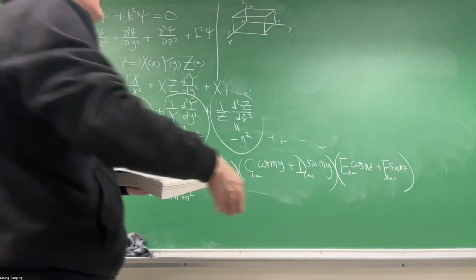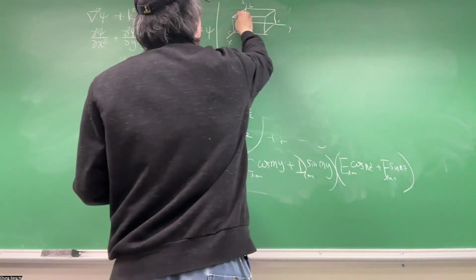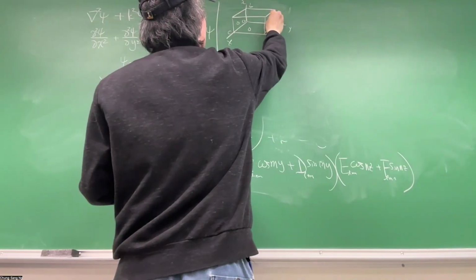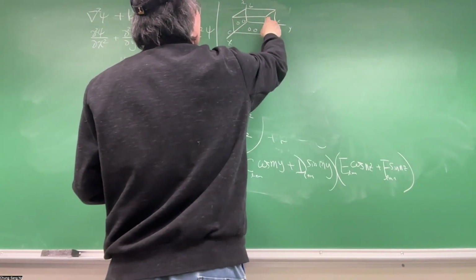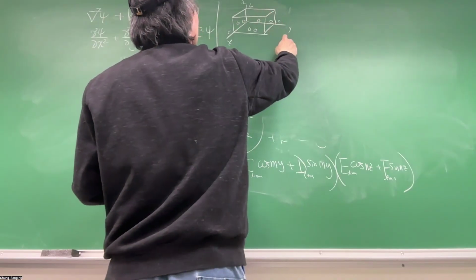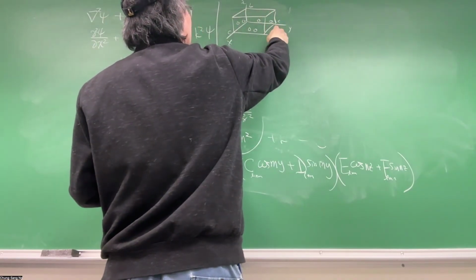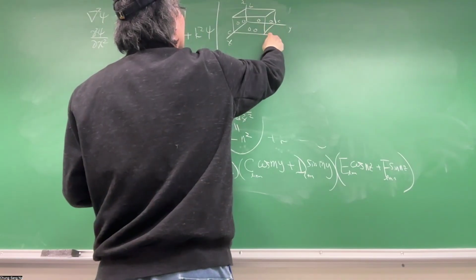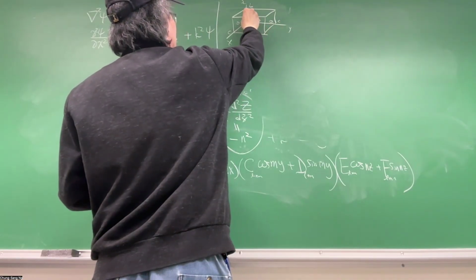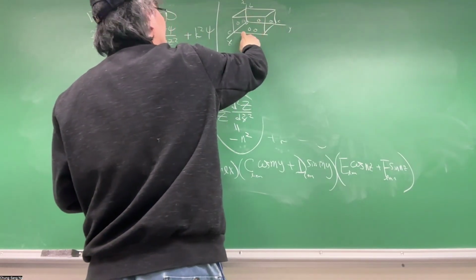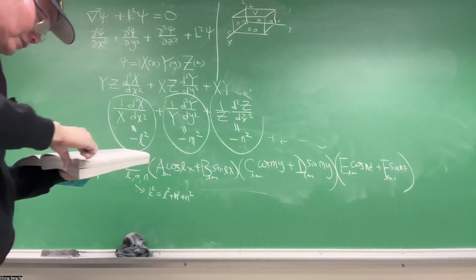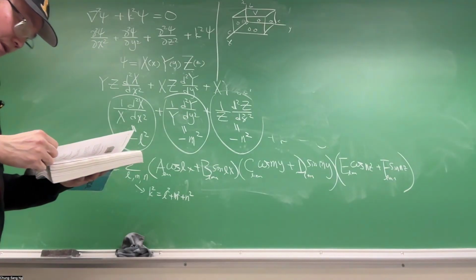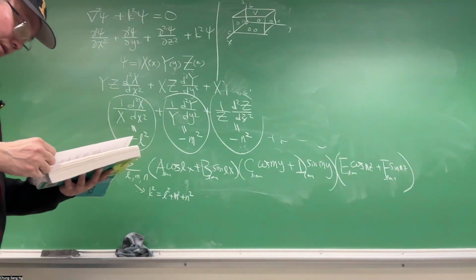The bottom and the sides, that's 5 surfaces, are all 0. The top one has the value of the solution V.